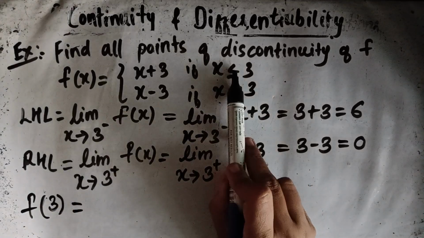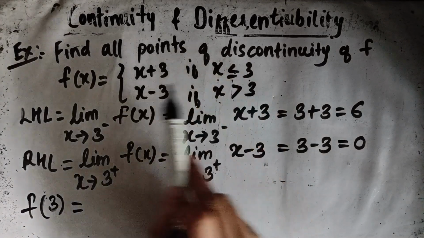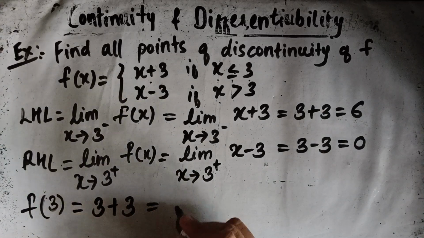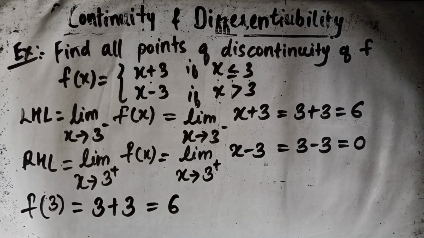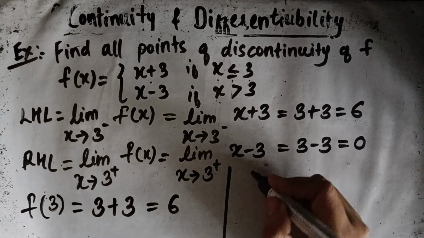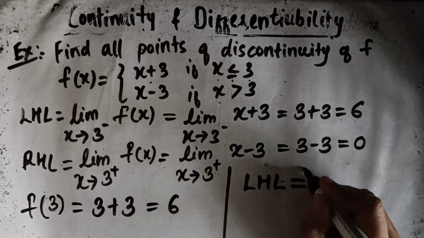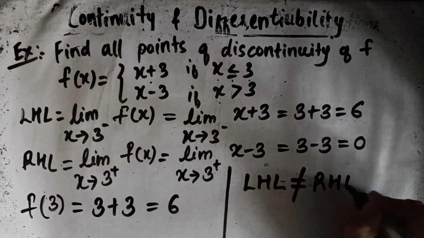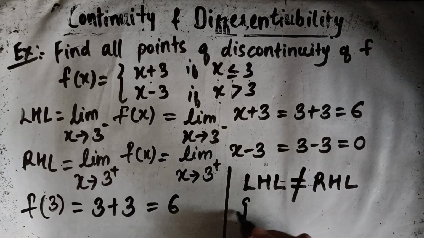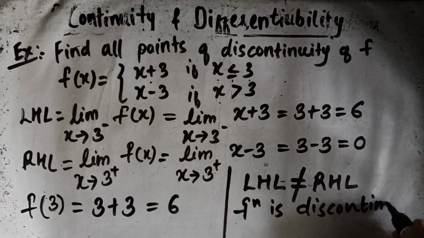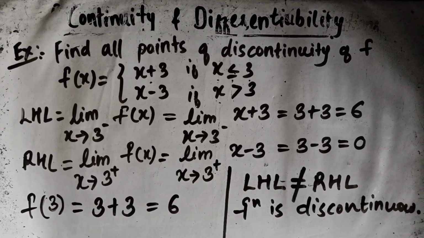So this is given x less than or equal to 3. For equal to 3, you have to take this function x plus 3. Okay, so we are getting left hand limit is not equal to right hand limit. Okay, so the function is discontinuous, and it is discontinuous at x equal to 3. Correct?